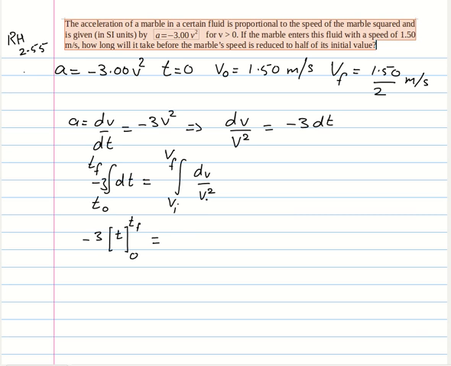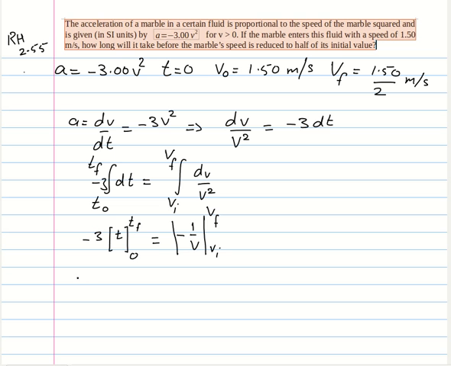Similarly, over here the integral is -1 by v, that is v to the power -2 plus 1 divided by -2 plus 1, so we get -1 by v, with limits vi to vf.